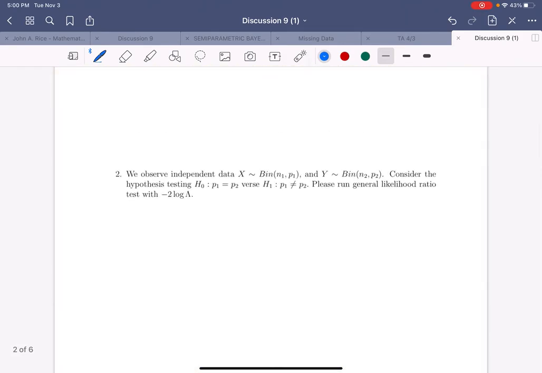Okay, let's go to question 2. Question 2 is we have two data, x and y. They are binomial distributed, and we want to run a test where the null is p1 equal to p2, and the alternative is p1 not equal to p2.